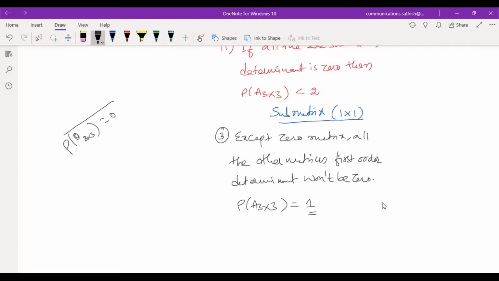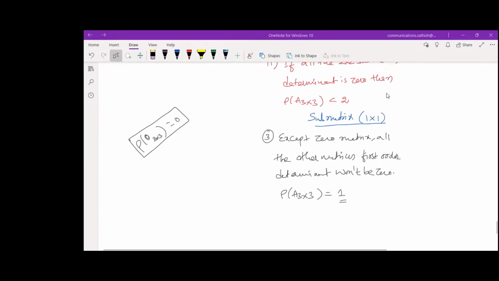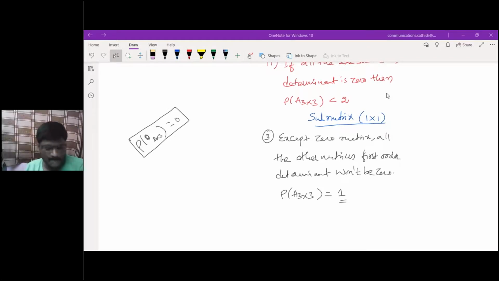Only this itself is 0. Other than this, no matrix will have rank 0. Except the 0 matrix, all other matrices will have a rank of at least 1. At least means more than 1 also will be there. Is my point clear, all of you?